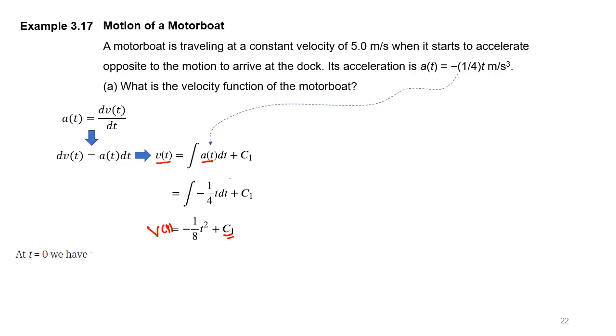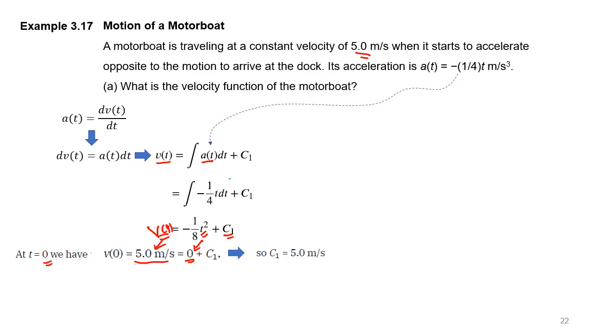When time is 0, the initial time, that means the moment the brake is applied, velocity is actually 5 meter per second, right? So when time is 0, this part becomes 0, and we get c1 is 5 meter per second.